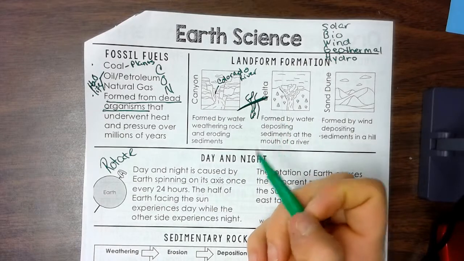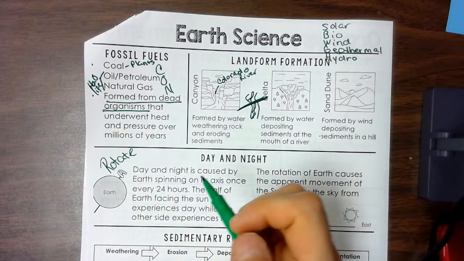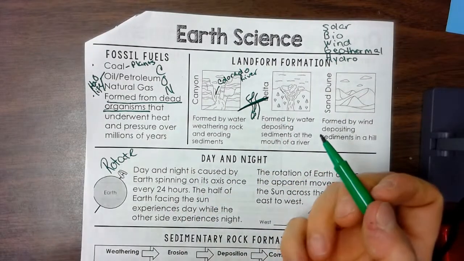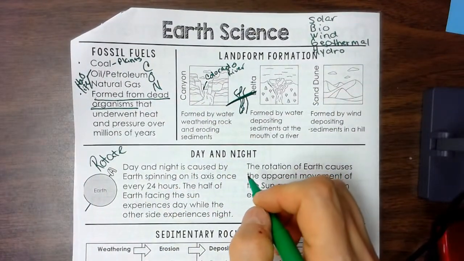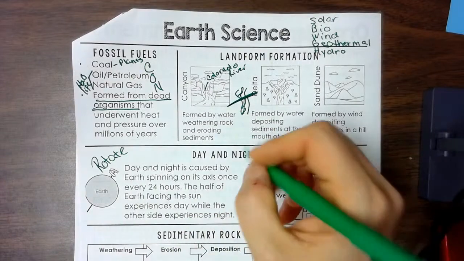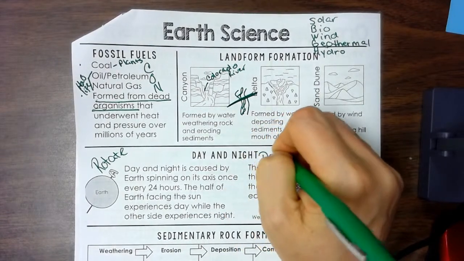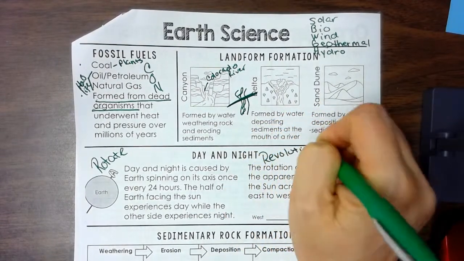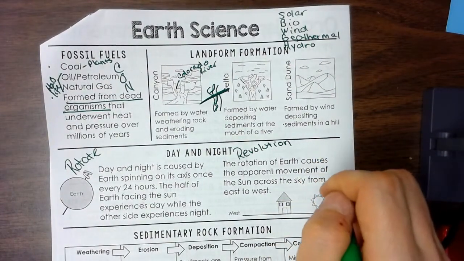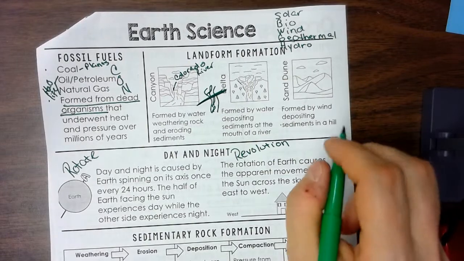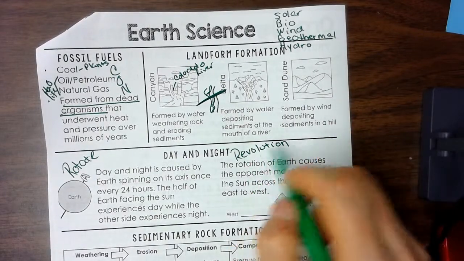When the other side is not facing the sun, it is nighttime. And what is it called when the Earth goes around the sun? Revolution. As I'm walking around the room during your test, am I rotating in the room or am I revolving in the room? I'm revolving.